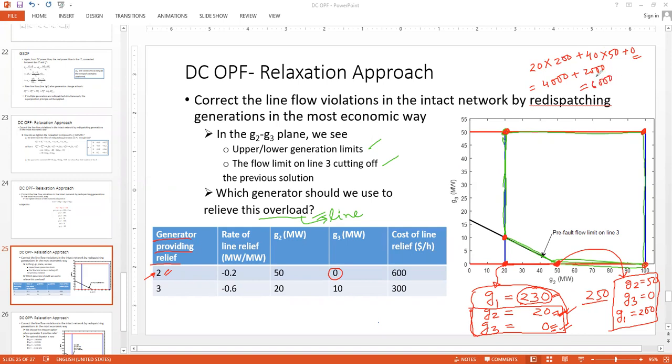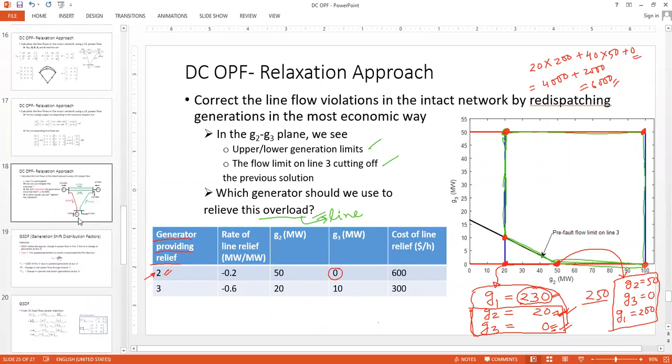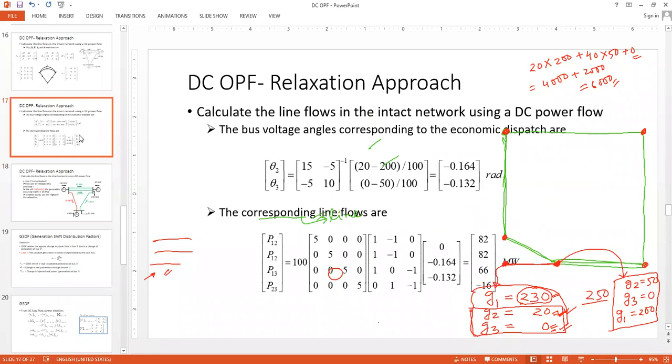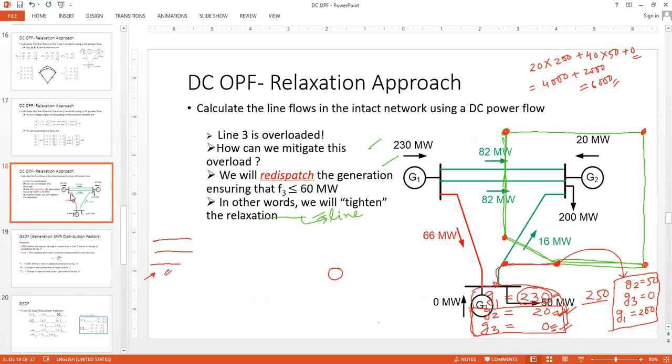So that means if I'm taking 50 megawatt from G2, G3 is still 0, G1 is 200, then my cost of power production is 6,000, whereas my previous solution was only 5400.